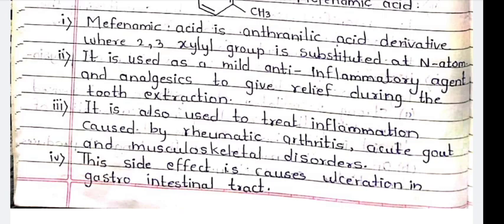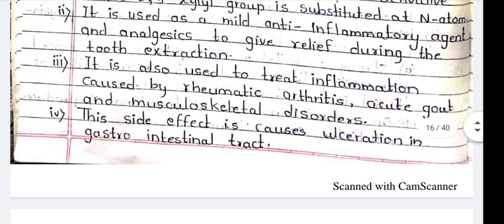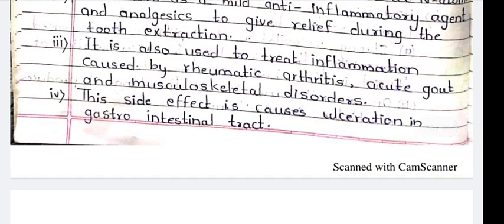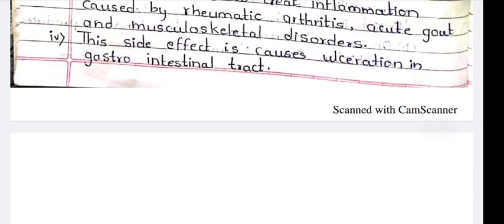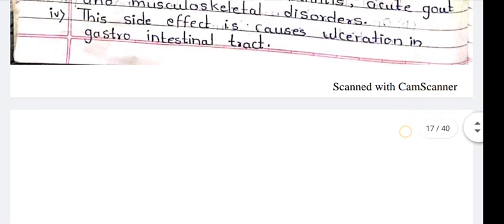It is used as a mild anti-inflammatory agent and analgesic to give relief during tooth extractions. It is also used to treat inflammation caused by rheumatoid arthritis, acute gout, and musculoskeletal disorders. The side effect is ulceration in the gastrointestinal tract.